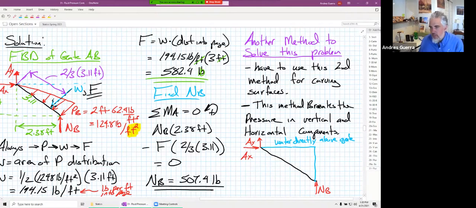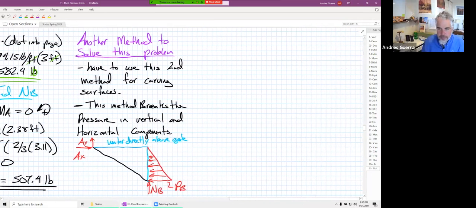The weight of that water is going to be our vertical component acting on the gate. Then we also have the horizontal component, which is just like a pressure distribution on a vertical wall. We'll have a PB down here, and a pressure distribution acting on an imaginary plane.